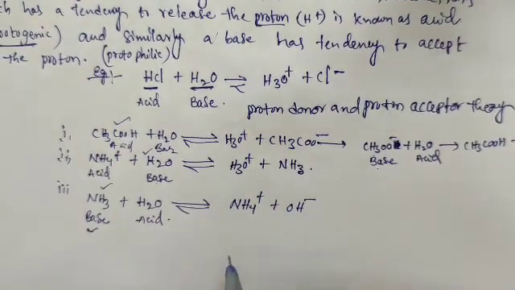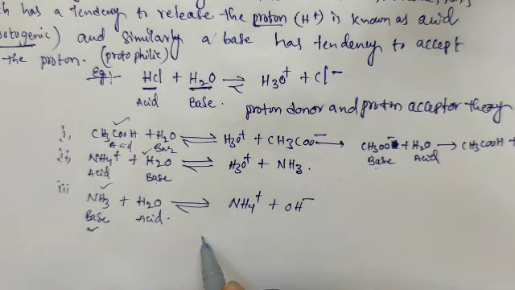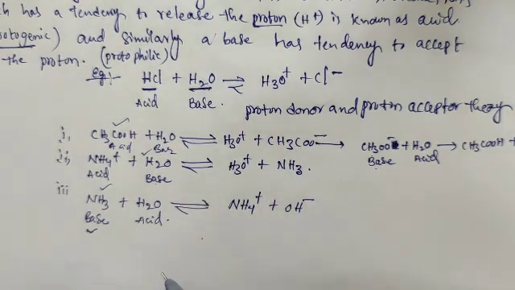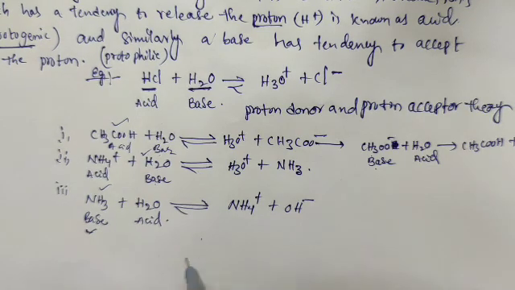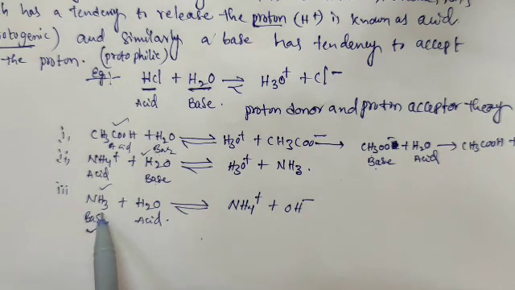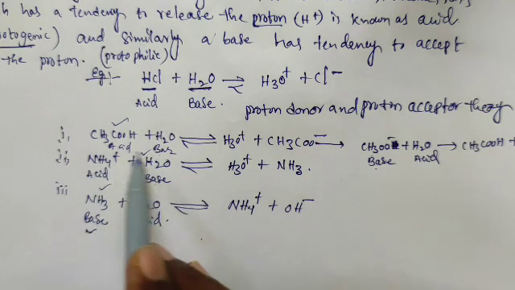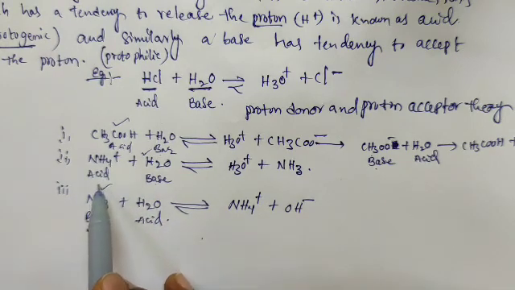NH3 accepts a proton and changes into NH4 plus, so now it is base. The same NH4 plus, when dissolved in water, releases H plus ion, so now this is acid.